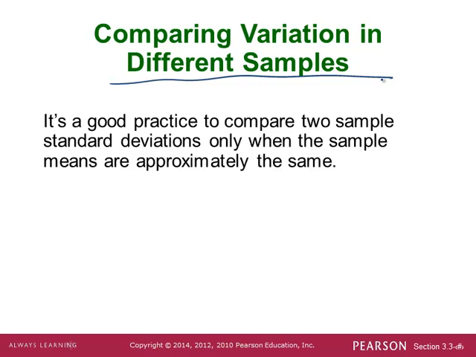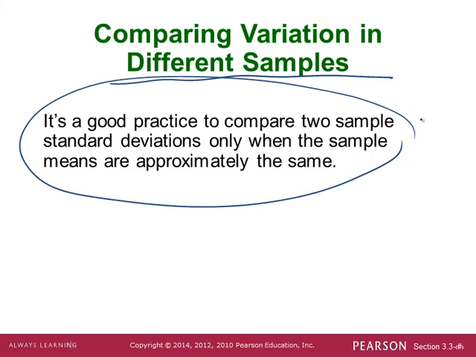But if you don't have the same mean or the same sample size, then you have to be super careful. And we'll take a look at the coefficient of variation. It's a better way of comparing the amount of variation relative to the mean, instead of simply comparing standard deviations.